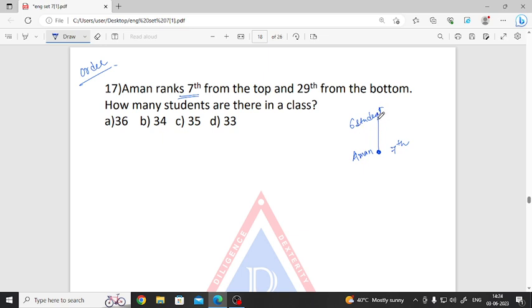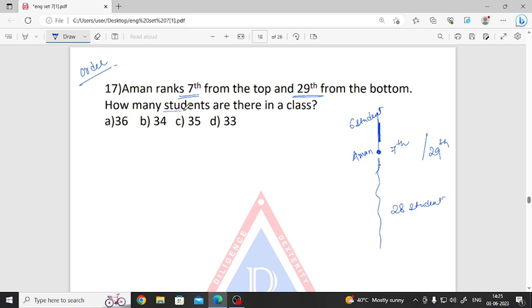And he is 29th from the bottom. That means after Aman there should be 28 students.